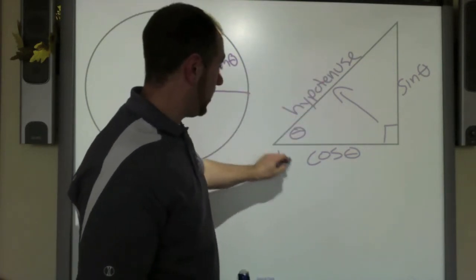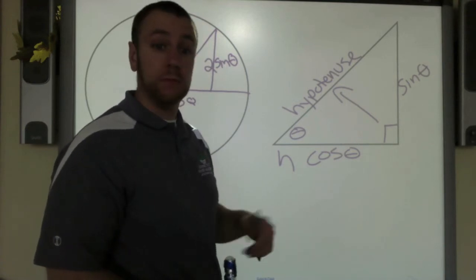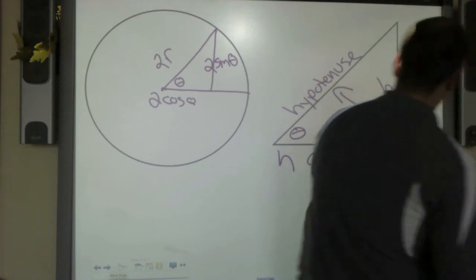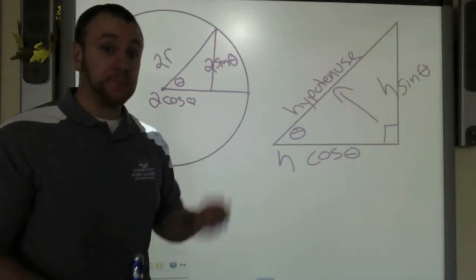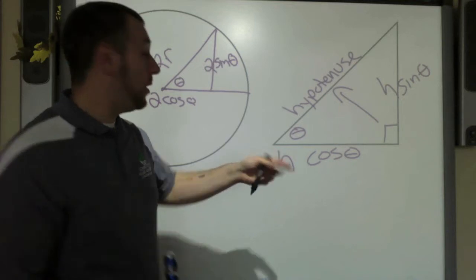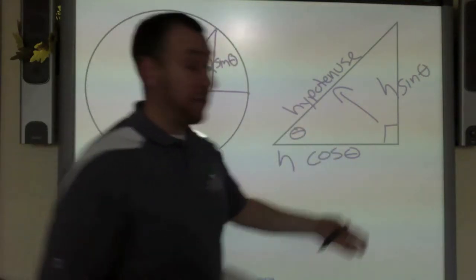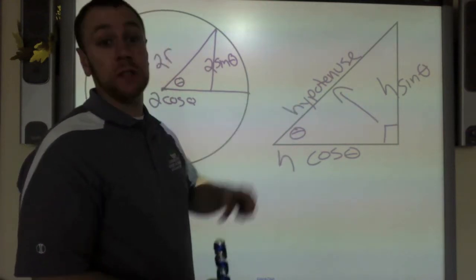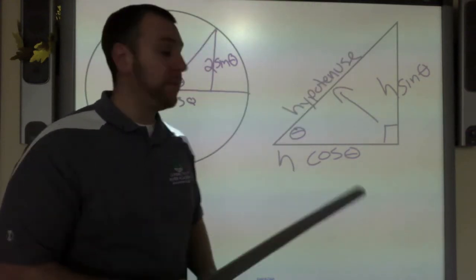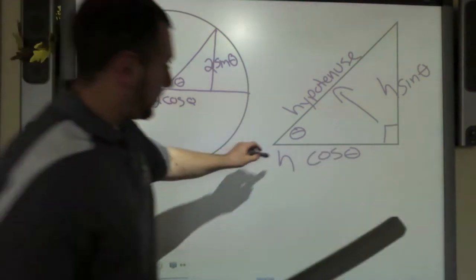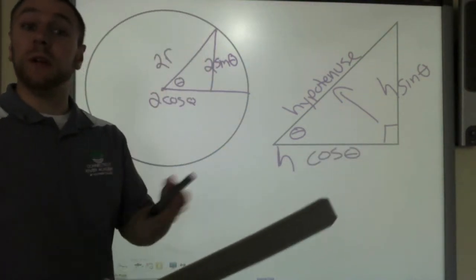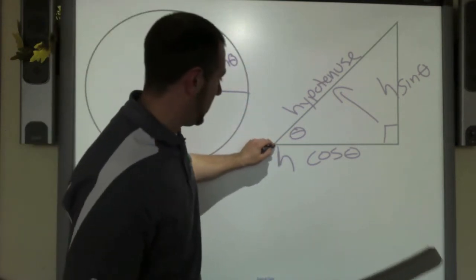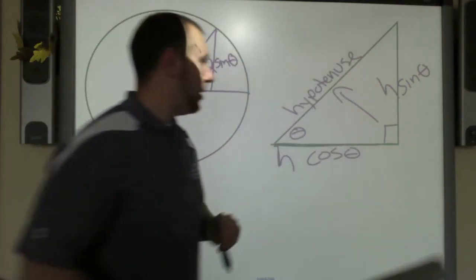If it's 3, it triples. If it's 4, it quadruples. Or it keeps going on and on. So really, if I can take any length of this, and if I multiply it by the cosine, I can find that value. I can multiply my hypotenuse by my sine and get that value for this angle and this triangle. And I can find this height here.